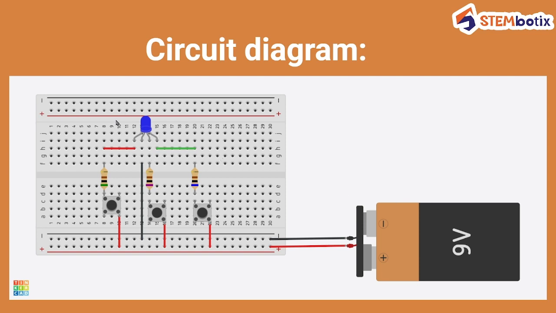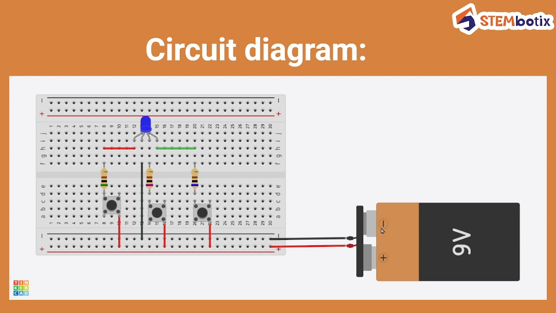So first of all, place your RGB LED similar to this diagram. Now this is a common cathode RGB LED. Hence the common terminal of this RGB LED would be grounded. First, you connect the 9-volt battery to the breadboard.